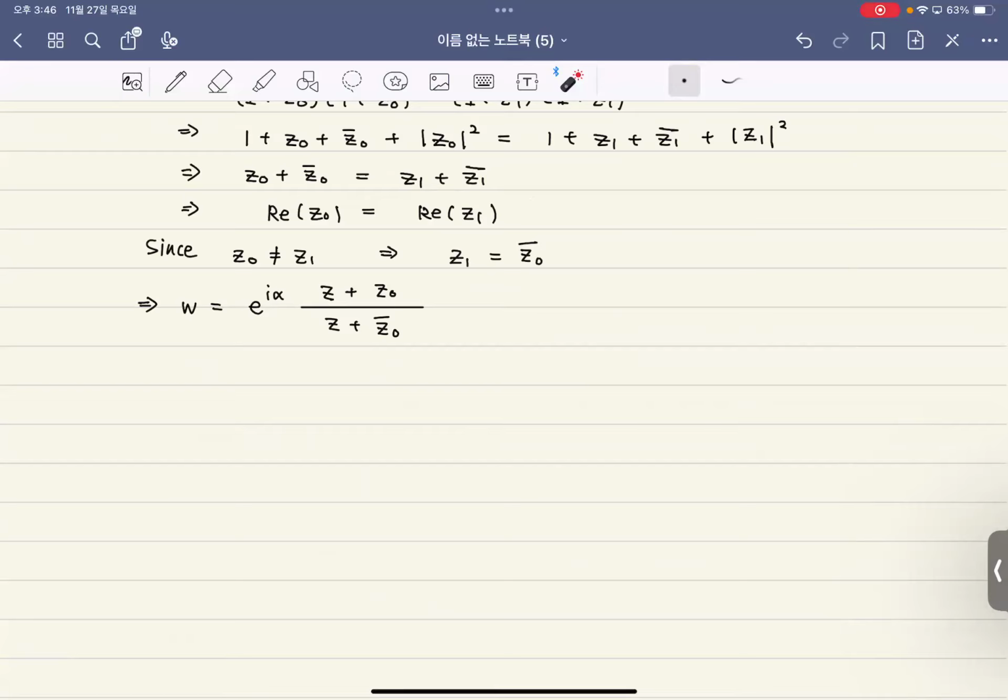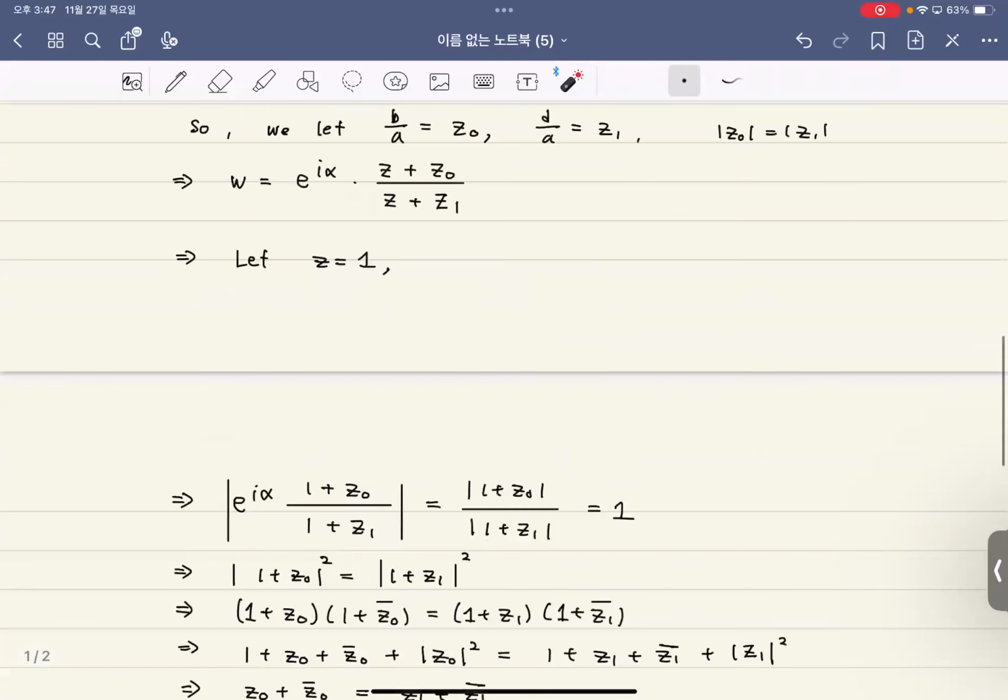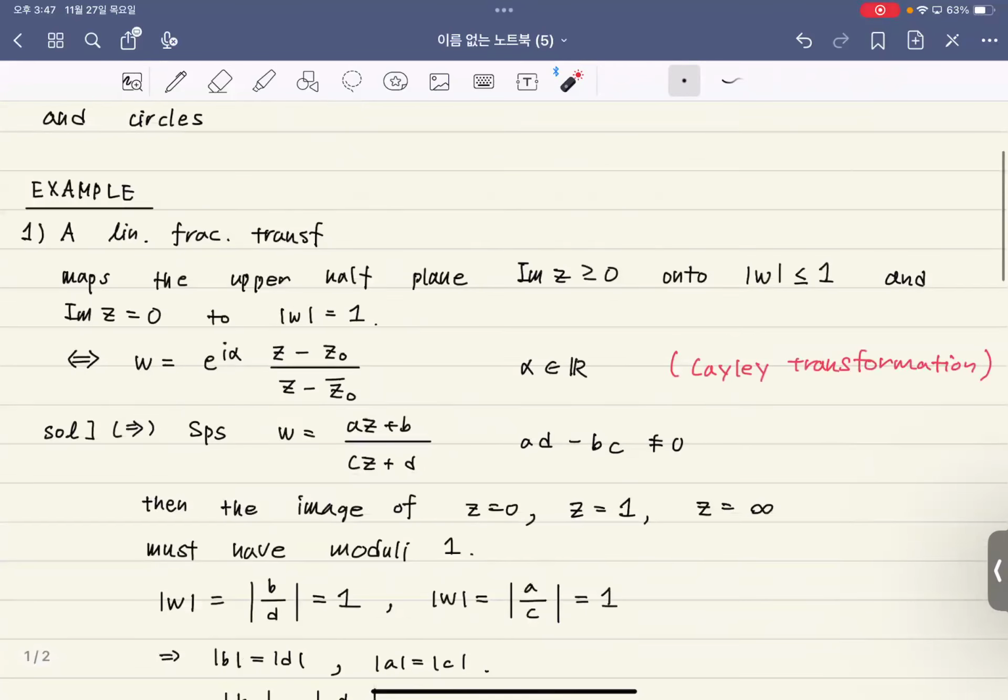Okay, all right. Now, for the other side of the statement, this time I am supposed to prove that if my linear fractional transformation looks like this, then this map is actually mapping the upper half plane onto the unit circle in the w plane.